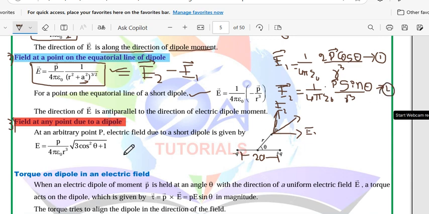Then the net electric field, by considering those two concepts, E net is equal to this.